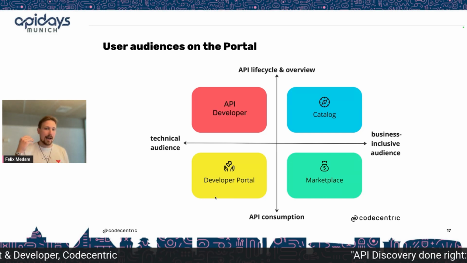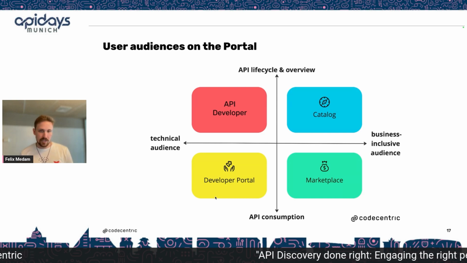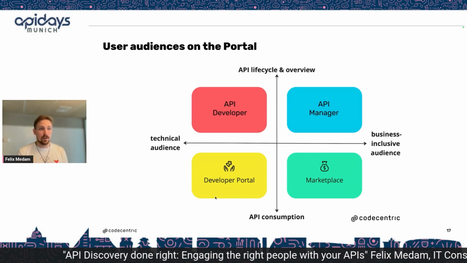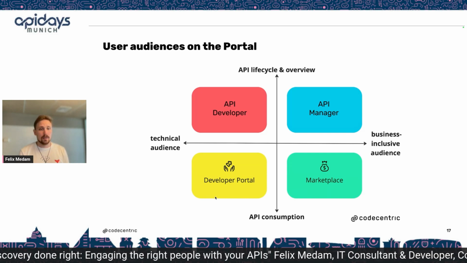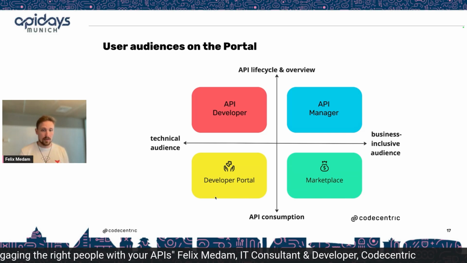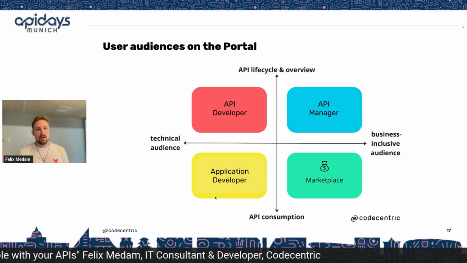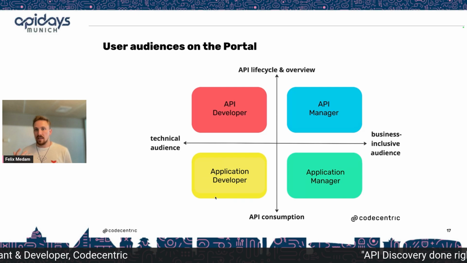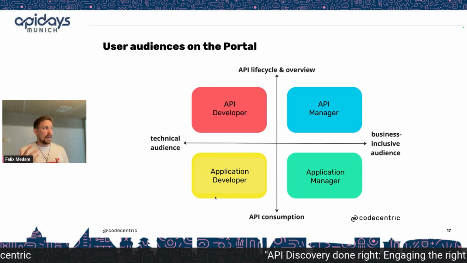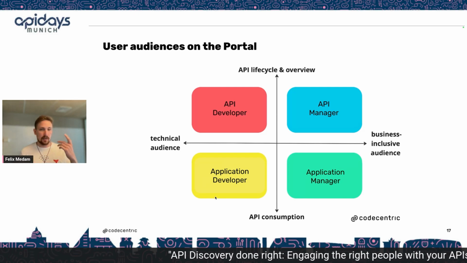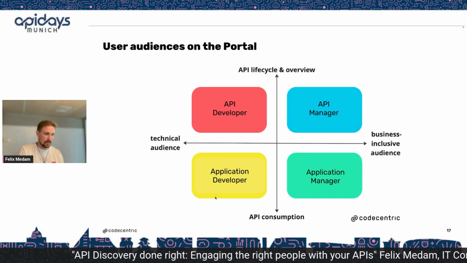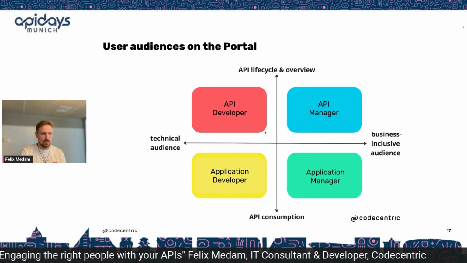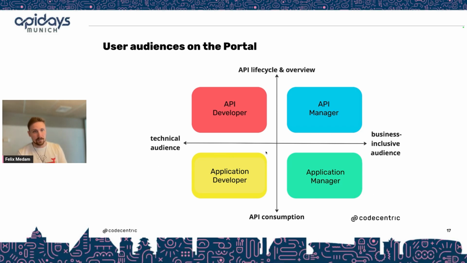So we have the API developer who's using the registry, the API manager who uses the catalog, and then on the API consumption side, we have the application developer utilizing the API, and the application manager buying and selecting APIs fitting their application use case. In the following, I will only focus on those two groups and audiences here.